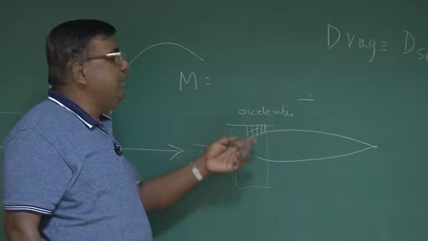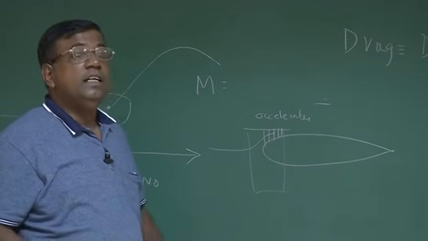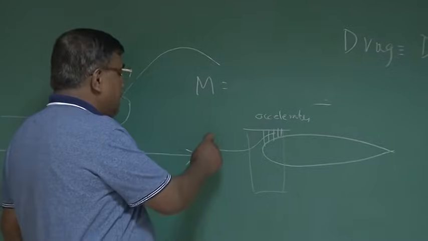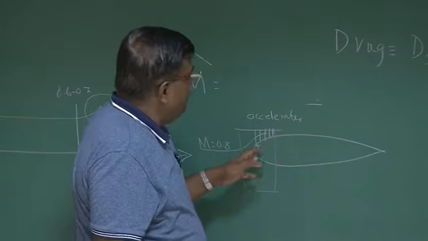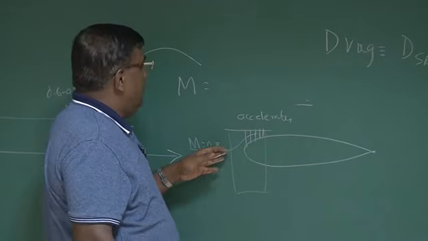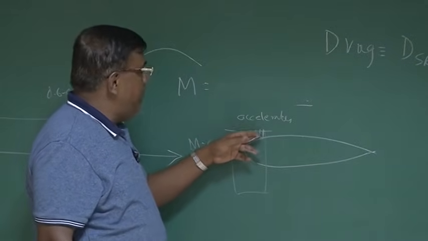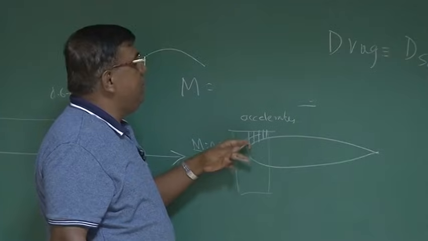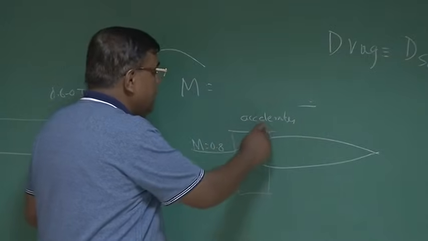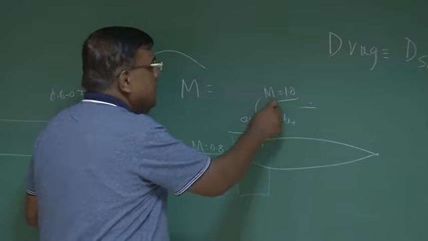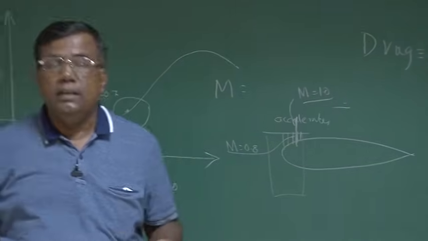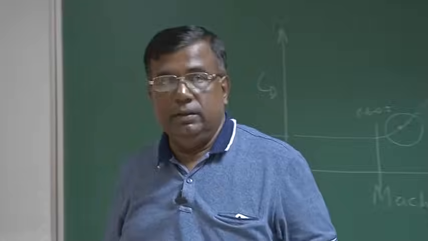So there is an increase in the Mach number or increase in the speed. Now suppose somewhere here it is 0.8 and you have wrongly designed the aerofoil, and what happens at certain point, because the speed is going to increase, at certain point it is reaching Mach number equal to 1. Then there is a sudden increase in the drag profile.